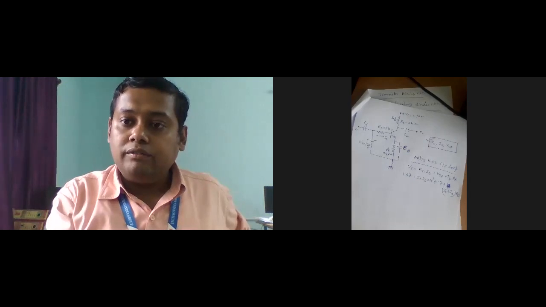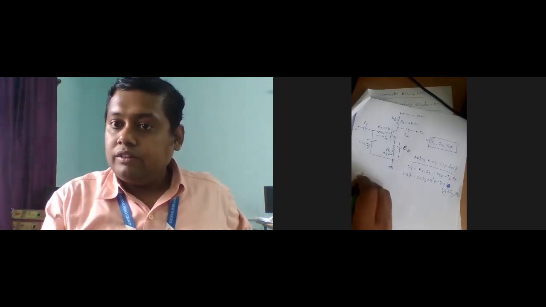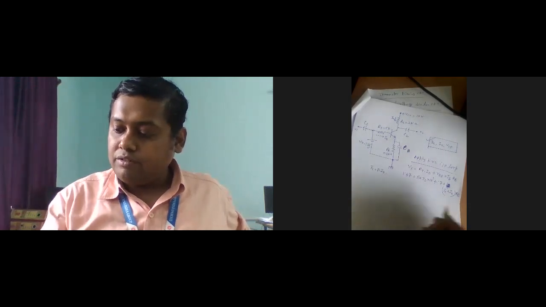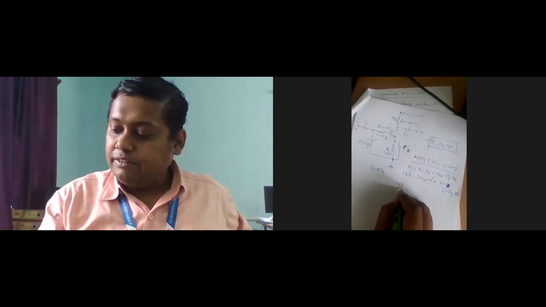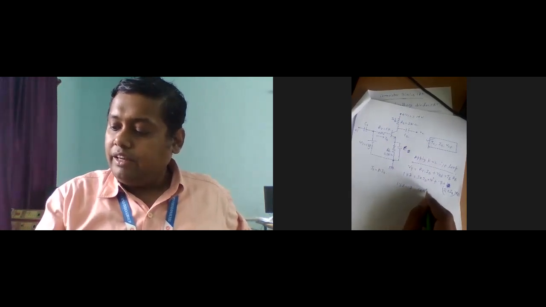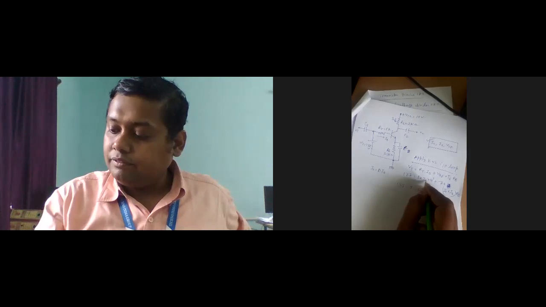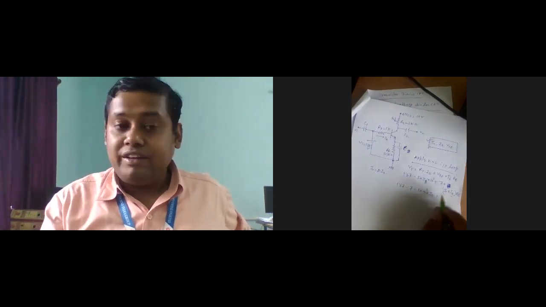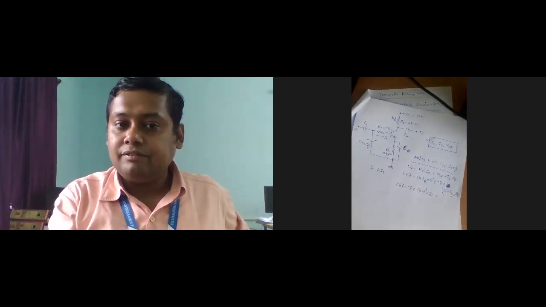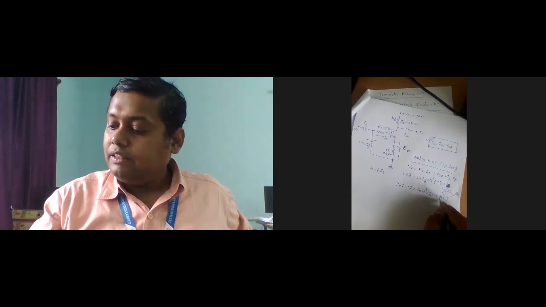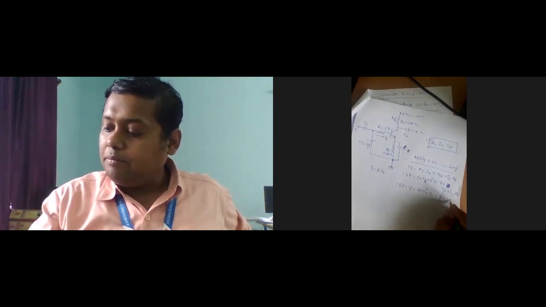So we already know that IC equal to beta IB. If you substitute the value over here, 1.67 minus 0.7 equals 5 into 10 to the power 3 into IB plus, substituting IC, beta plus 1 into IB into RE.